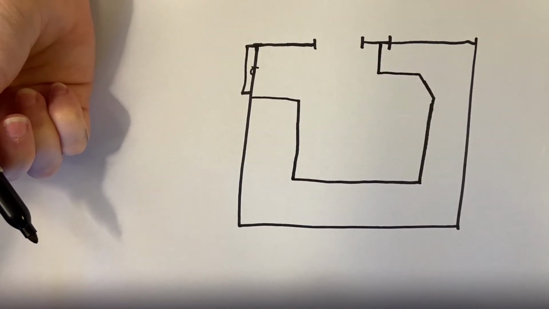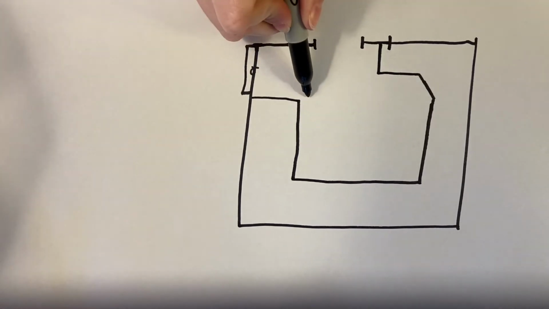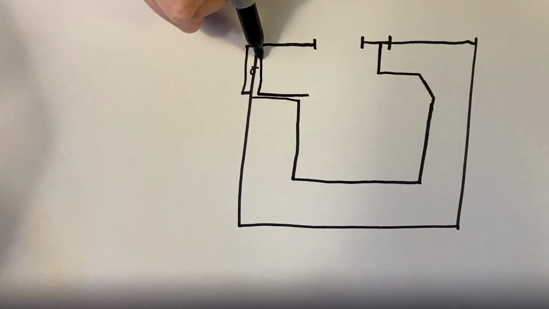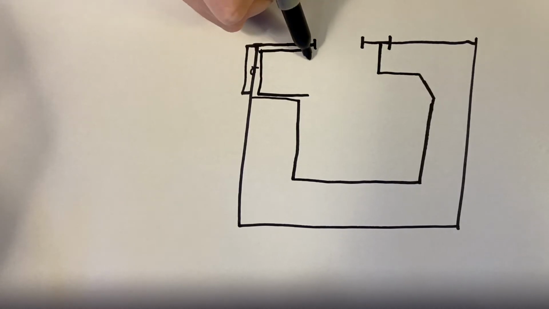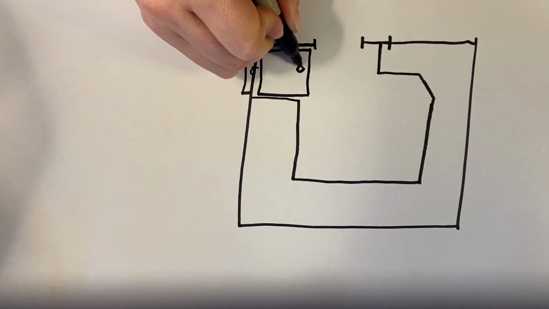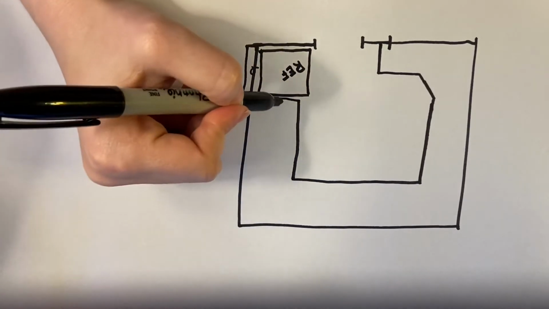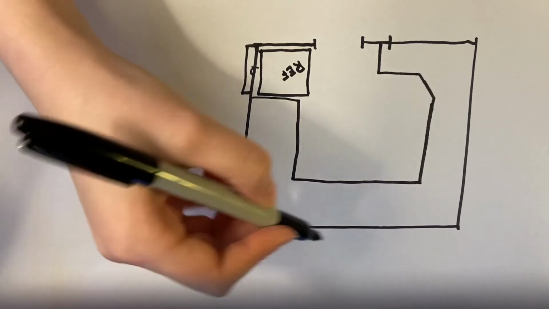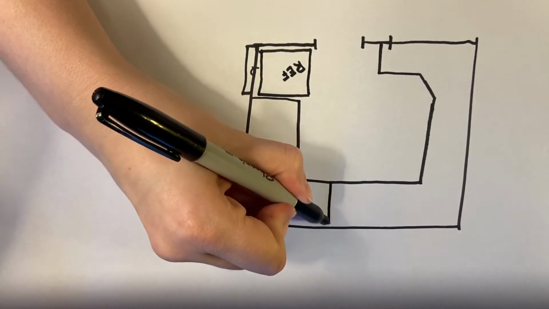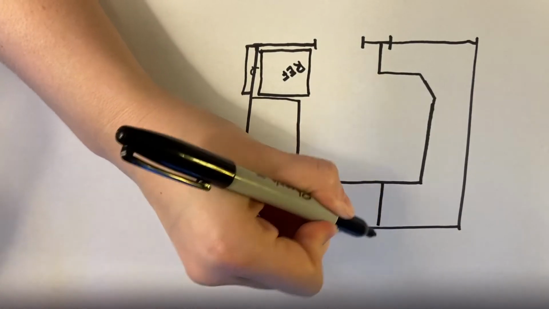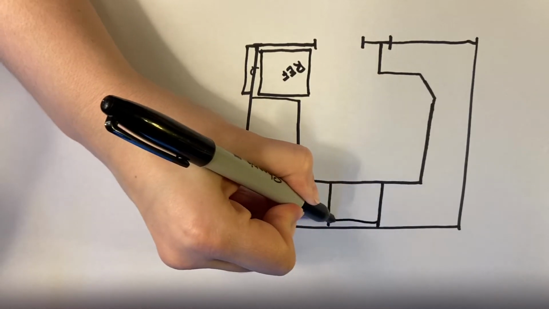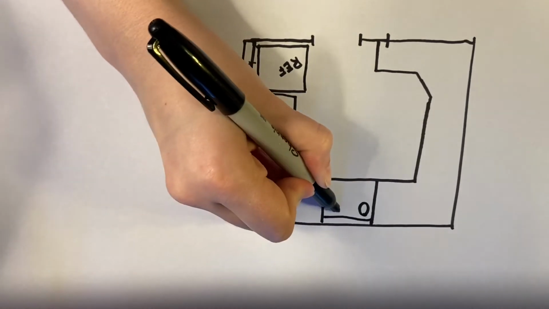So next I'm going to go ahead and add in our appliances. So again, these don't have to be perfectly to size. And I like to just make note, REF for refrigerator. And then we'll have no other appliances on this line. I have my stove, which is centered in this section here, and just draw the circles.